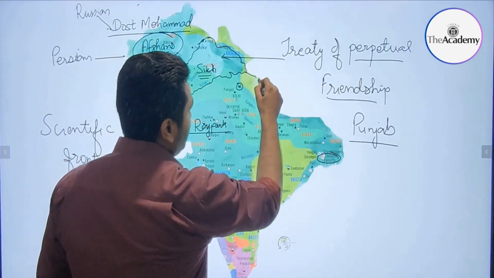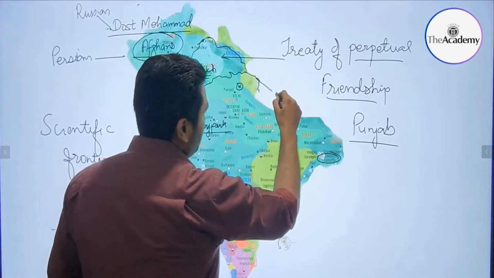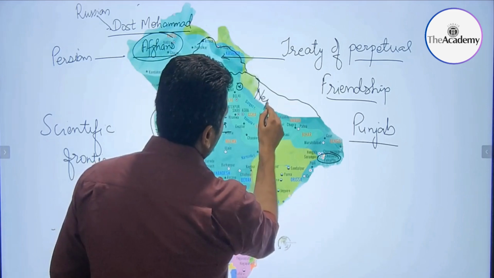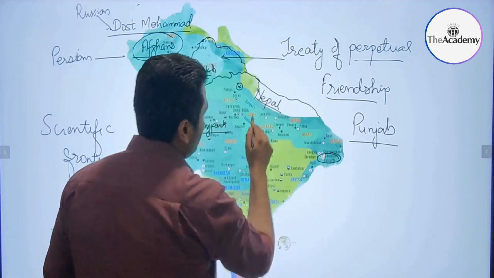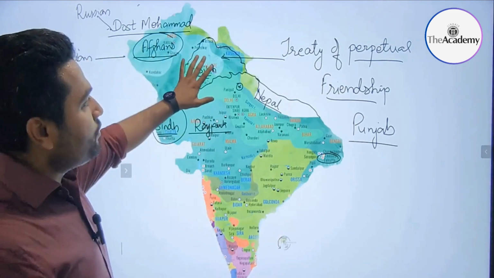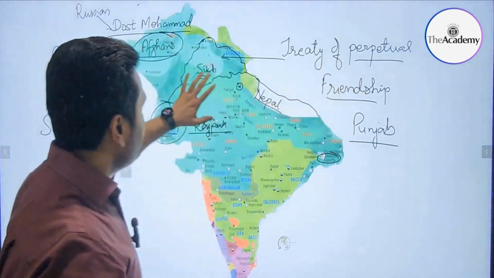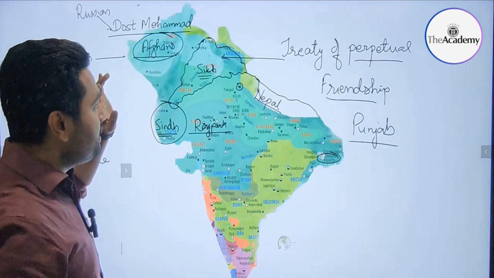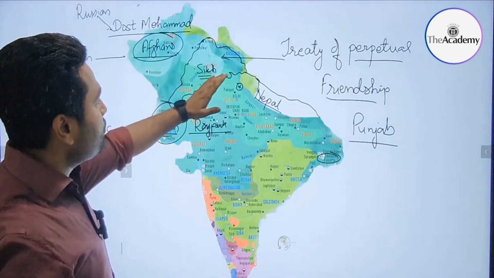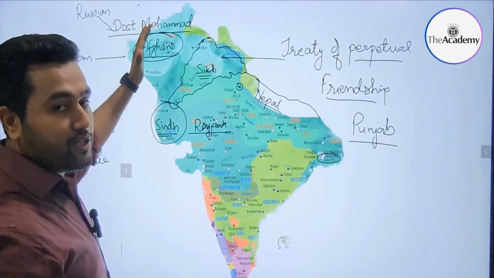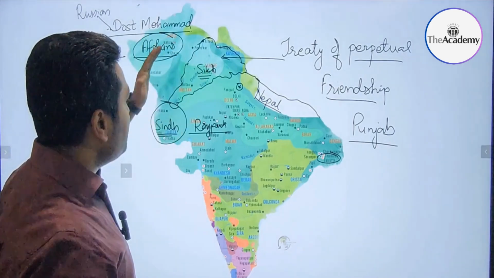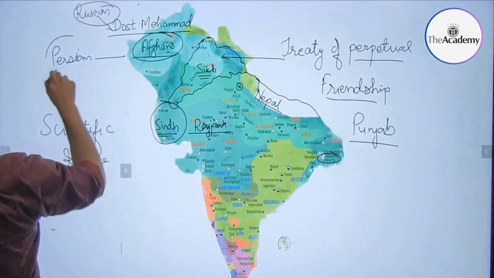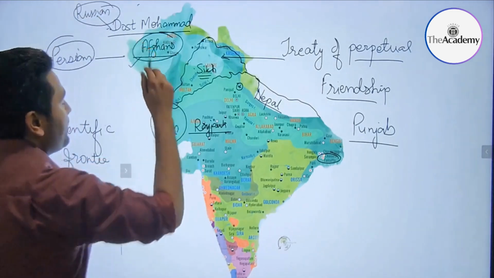We already know that the English had signed a treaty with the Nepalis, which was known as the Treaty of Sagauli, and therefore the Treaty of Perpetual Friendship with the Sikhs became a very important means for the British to make sure that the northwestern region could be contained or safeguarded in case there was an alliance between the Russians, Persians, and the Afghans.